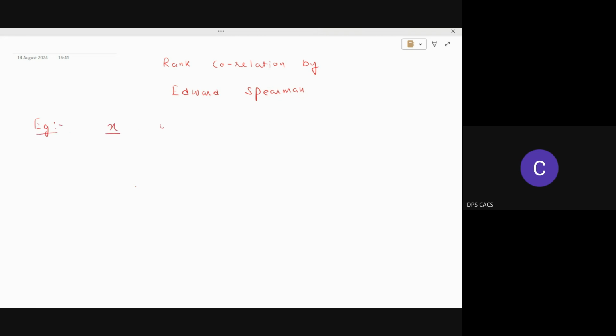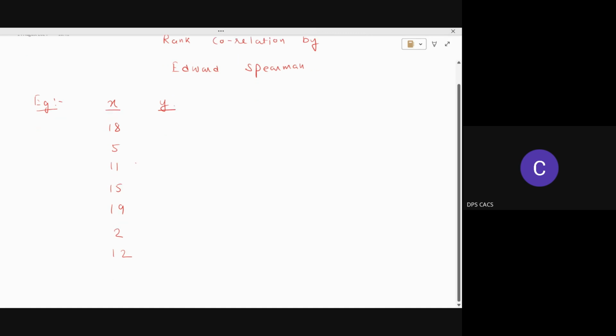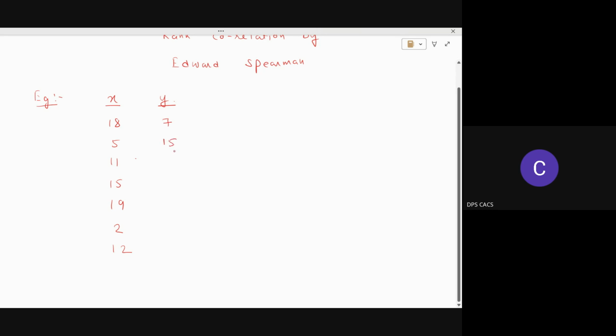X is given and Y is given, taking random figures. Now, we are required to calculate rank correlation from this.